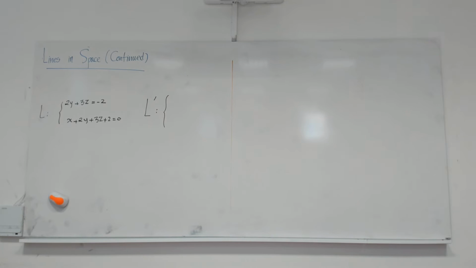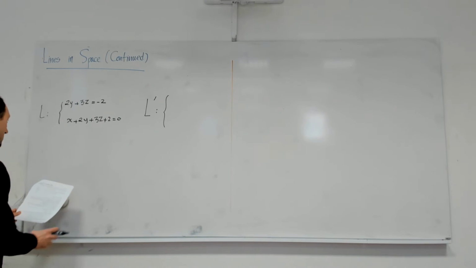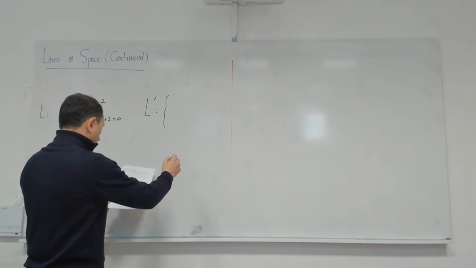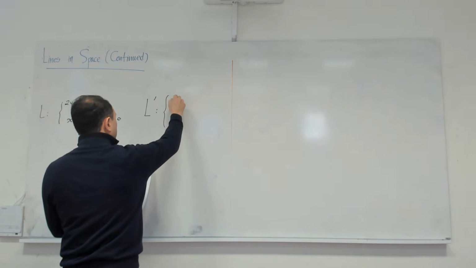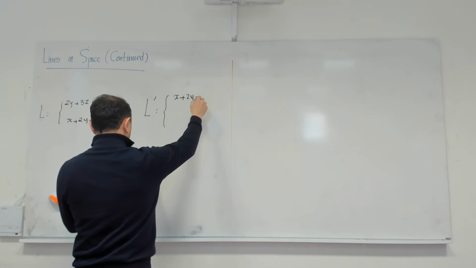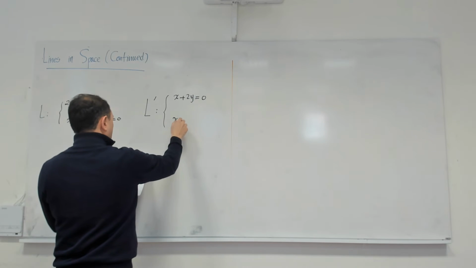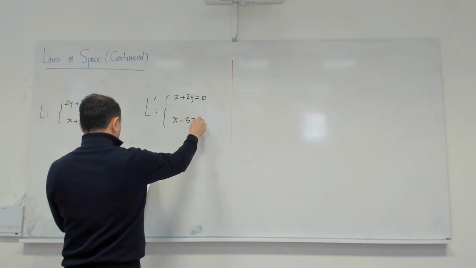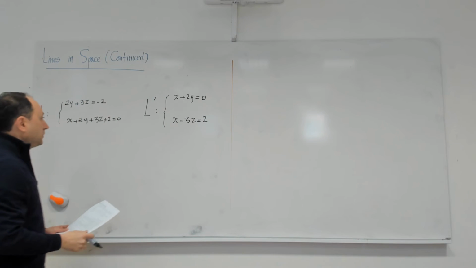So, okay, this is one of them, and the other one is this one: x plus 2y equals 0, and x minus 3z is equal to 2. So now you understand what it means.